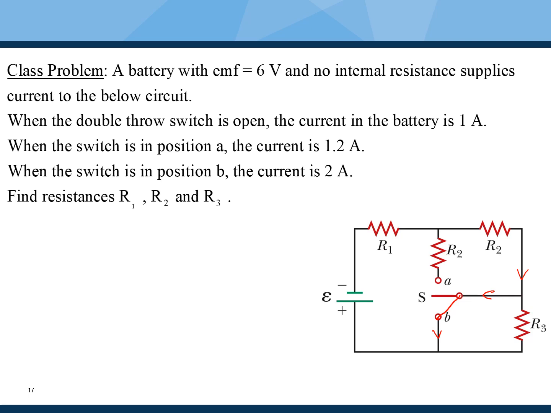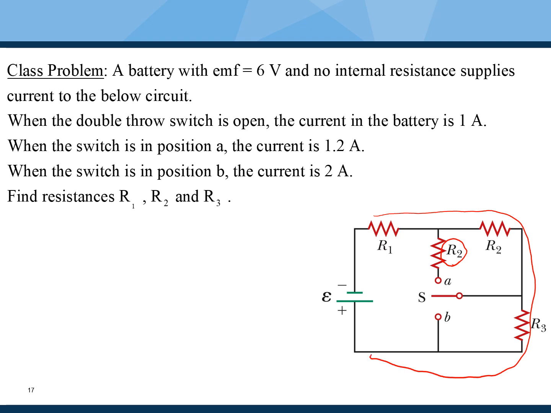So realize that in the 3 parts of the story told to us in this problem, let's draw out the 3 circuits that arise and analyze them. So in the first part, the switch S is in the middle, which means that this resistor R2 out here is left dangling, so it doesn't participate in the circuit, and you have only one single circuit that goes around like this.